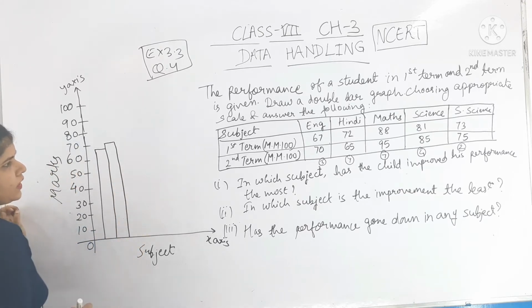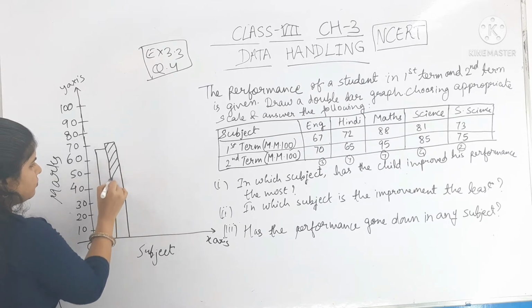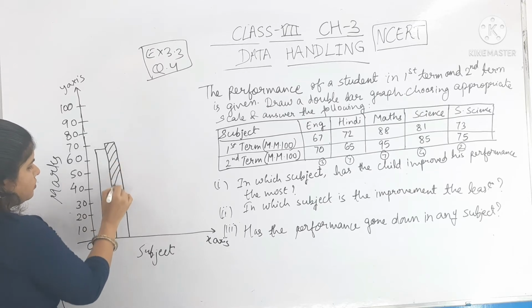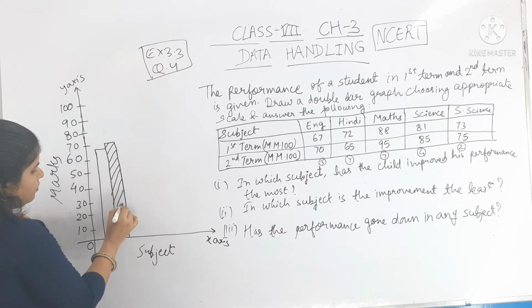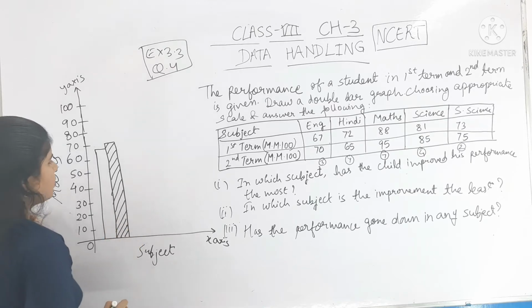Okay, for second term I will make a different design here. For first term it is plain, and for second term it is a zigzag design. Okay, this is for English.